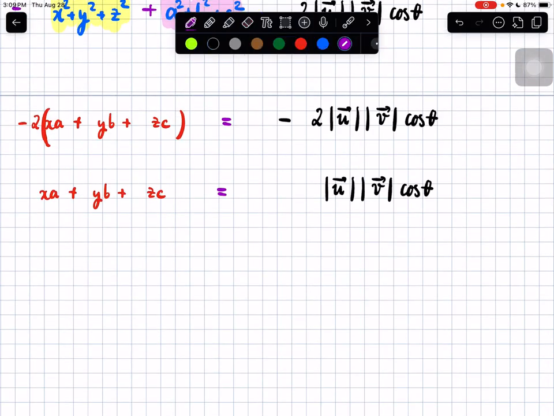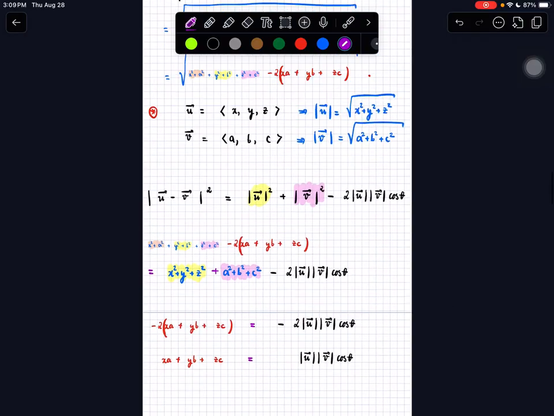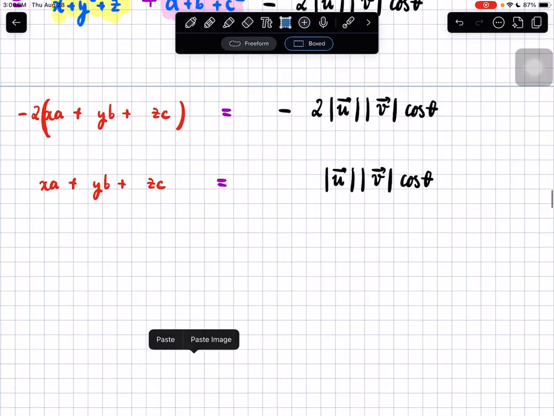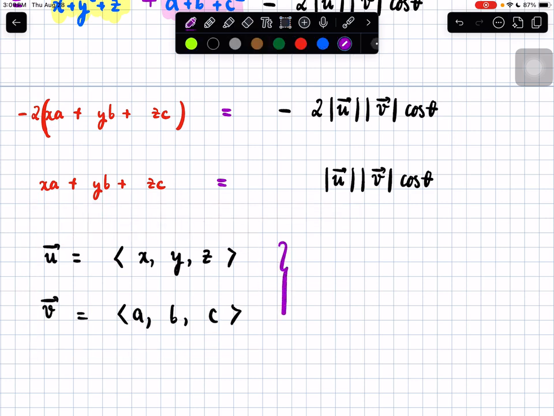Note that x times a, y times b, z times c is the dot product of the two vectors u and v. So here's our vector u and v, and this means that u dot v gives us xa plus yb plus zc.